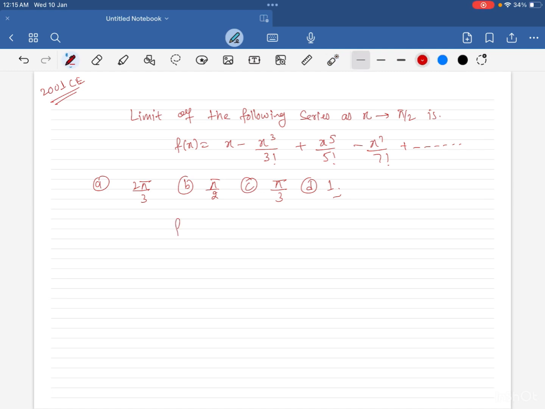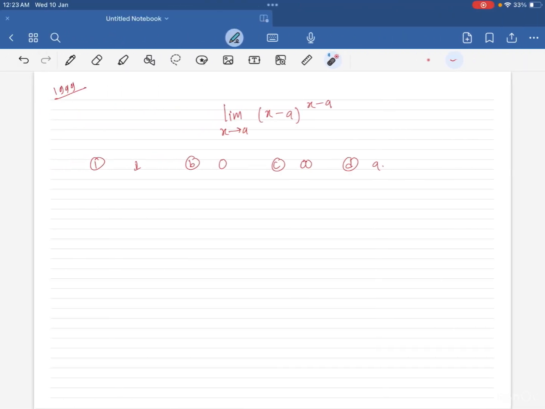So this f(x) is nothing but sin x. Now x tends to pi by 2, that is 90 degrees. 1. Okay, so if you put x is equal to a, then it is going to be 0 to the power 0. So this is also one of the indeterminate forms.